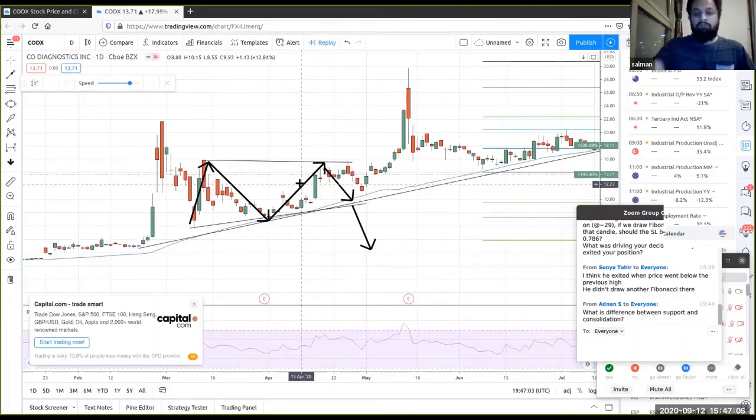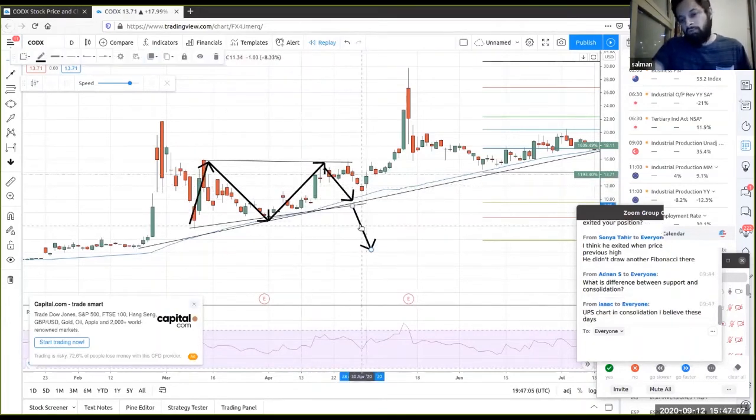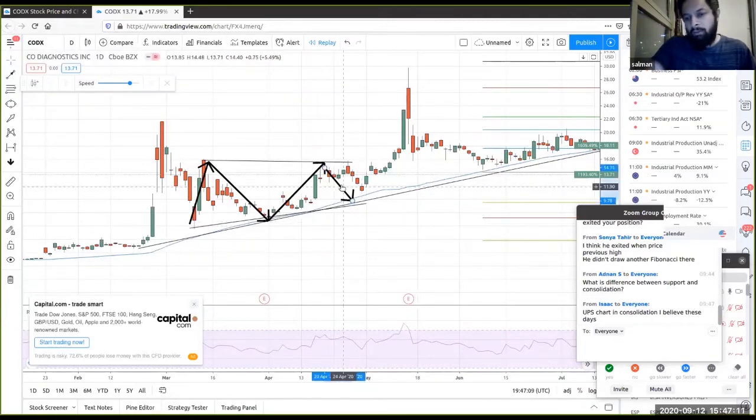And in terms of fundamentals, I'm talking about technical stuff, but I can have a look at UPS. I haven't looked at it. During the consolidation, it is just waiting for a stimulus, like good news or anything, and then the flag breaks. If you want to relate this technical with the fundamentals, this is an example of that.